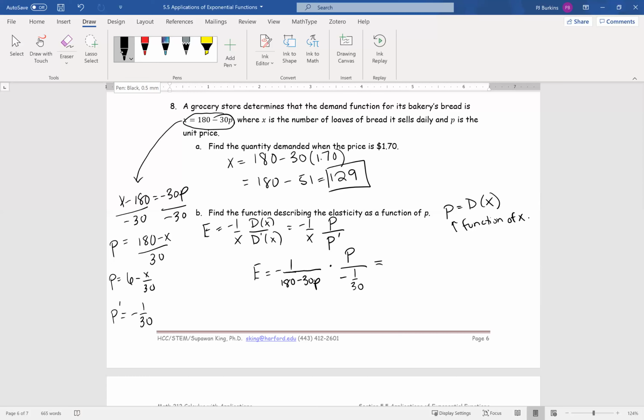Dividing by 1 over 30 means I can just multiply by 30 all the way on top. And if I want to, I can divide everything there by 30 and end up with this equation. That would be the elasticity in terms of price p.